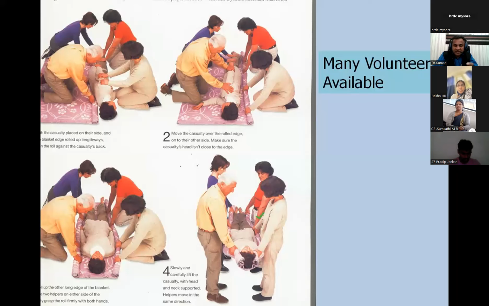During COVID, this was the most commonly advised and used method to shift the bedridden patient from home to the hospital, when we didn't have access to a sufficient number of ambulances. I don't know whether you recollect the days of COVID, the first wave and the second wave. Our team was working in the field, and it was like a warlike situation.